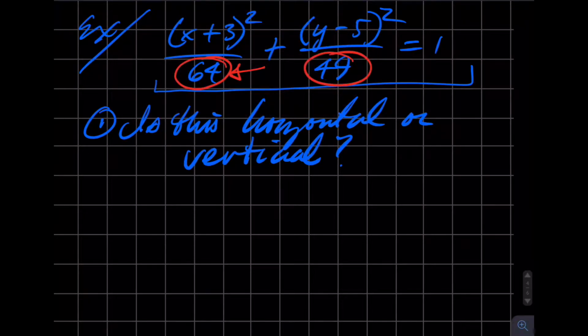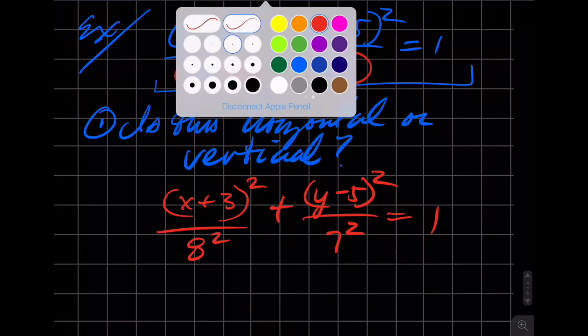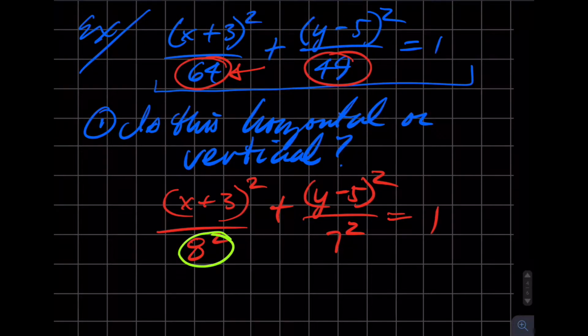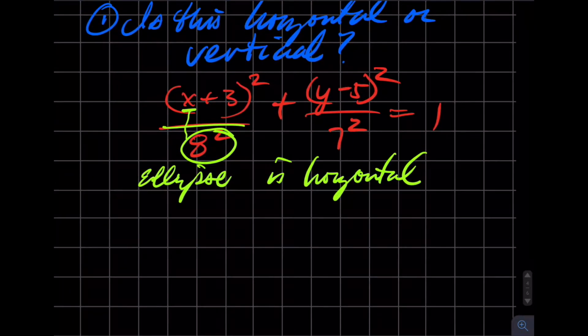So this one's greater, so I can think about this as x plus 3, the quantity squared, plus y minus 5, the quantity squared, over 7 squared, 8 squared, equals 1. This is the larger of my two denominators, and it's underneath my x squared term, so that means my ellipse is horizontal, because my longer side is on the horizontal, the x-axis.